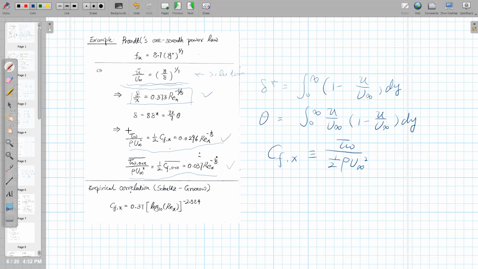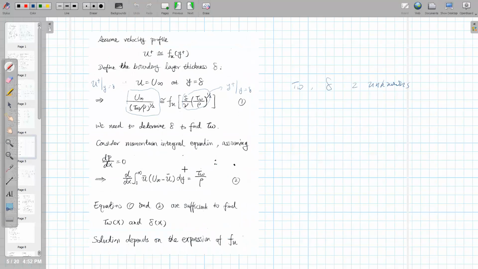If you really want to know how this is obtained, it's basically calculated from the momentum equation, okay? Because if you look at the momentum integral equation we derived in equation 2, in chapter 2, you can relate this tau w to some quantity: we have an equation, CFX over 2 equal to d theta dx, okay?